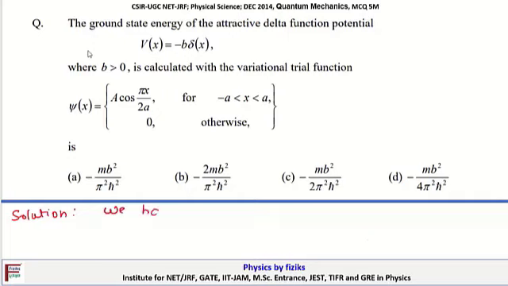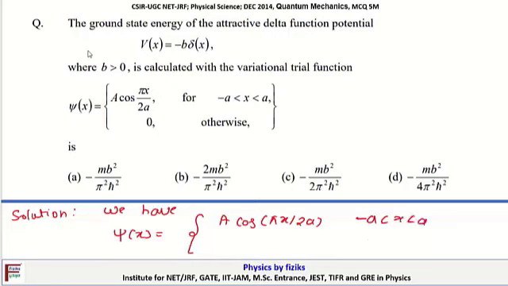We have psi of x is equal to A cos(pi x by 2a) in the range minus a less than x less than a, 0 otherwise.